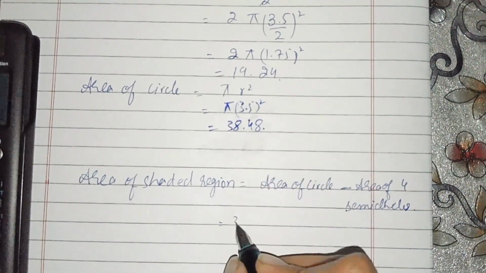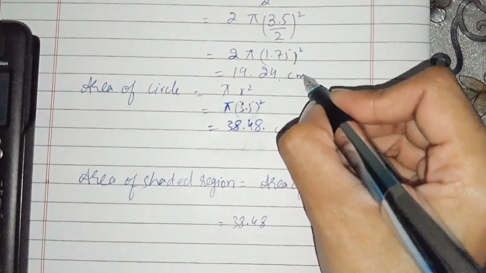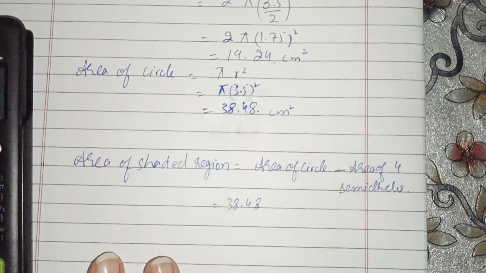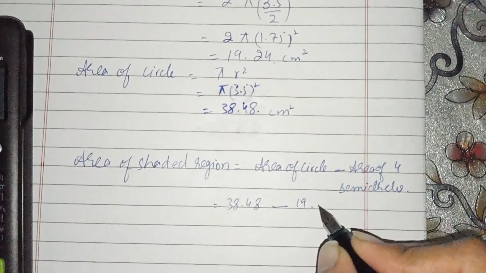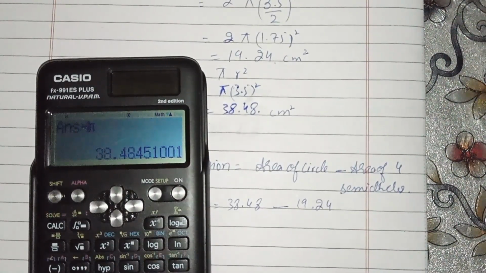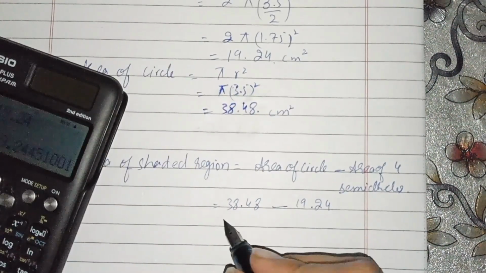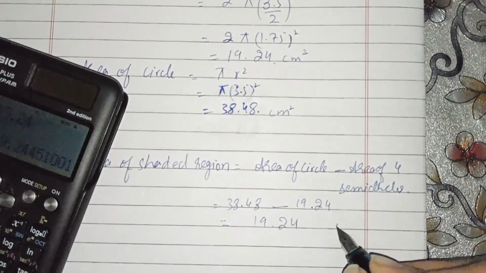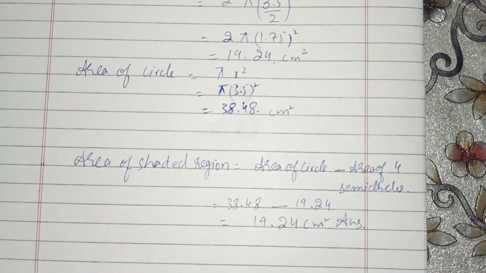Area of circle is 38.48 centimeter squares, and subtracted area of 4 semicircles is 19.24. Subtract 19.24 and we get 19.24 centimeter squares. And now students, this is the answer of our part number B.